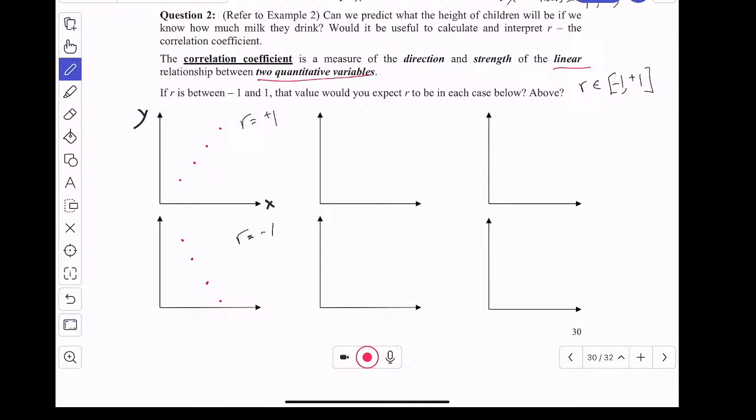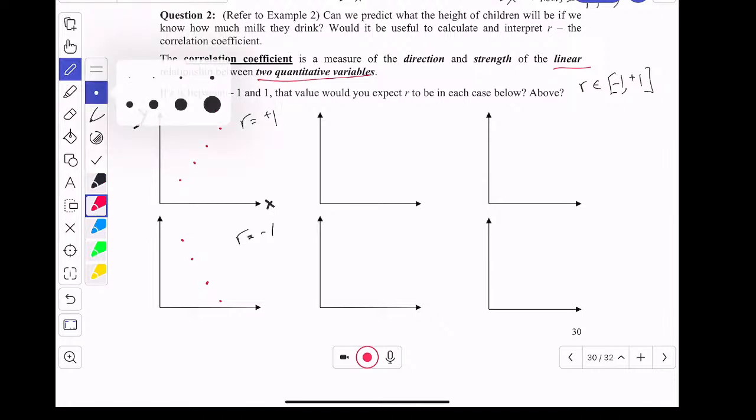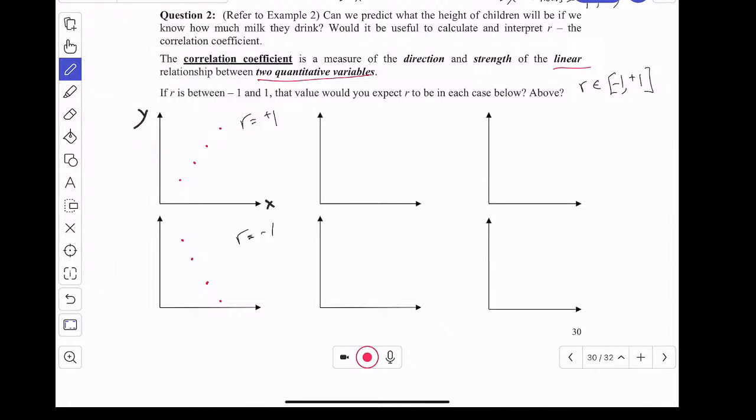Okay, now what if you have a relationship that looks like this? What would you say the R is? And what if you have a relationship that looks like this? What would you say the R is? So for the top, let's begin there.